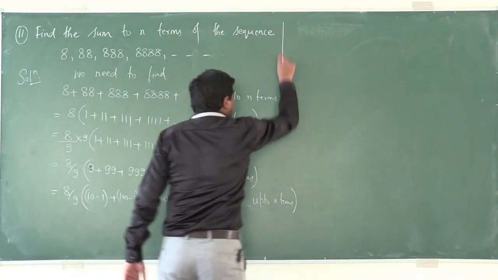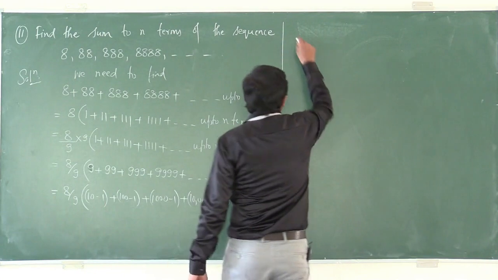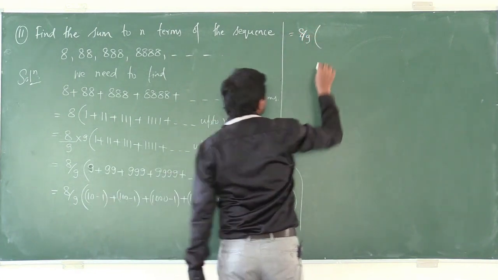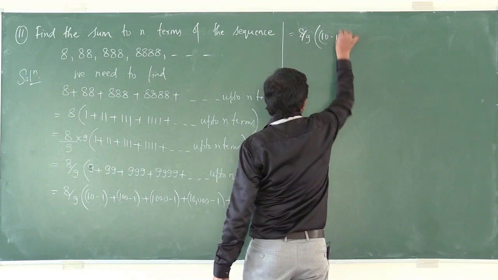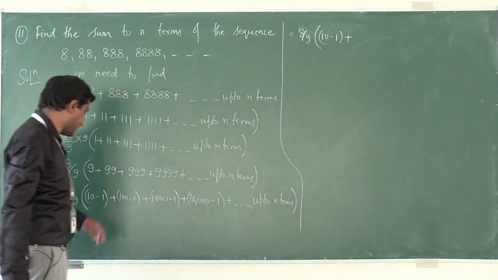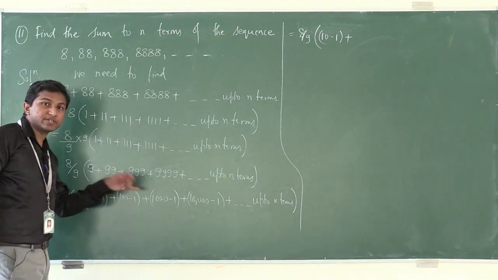Then next step, 8 by 9 as it is, 10 minus 1 plus 100 in powers of 10. What is 100 in powers of 10?